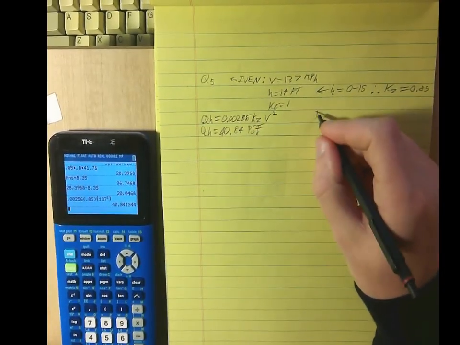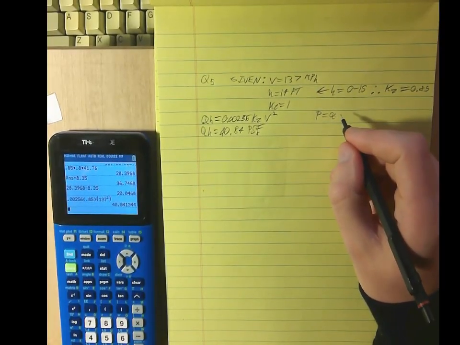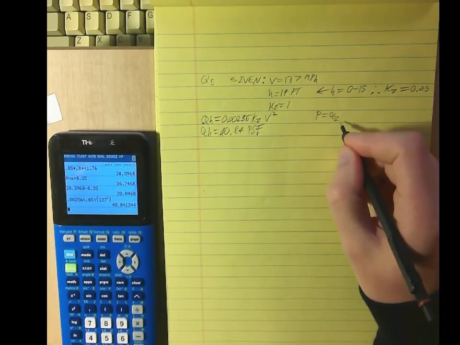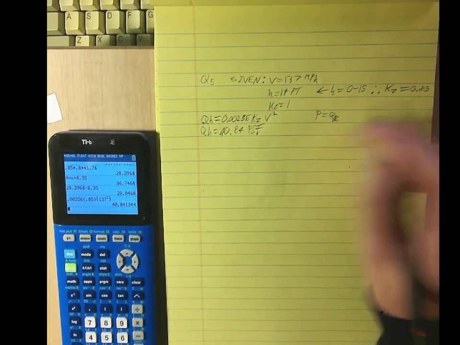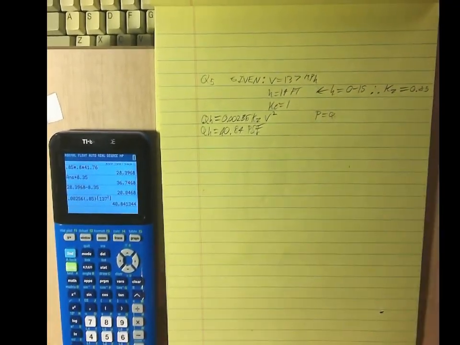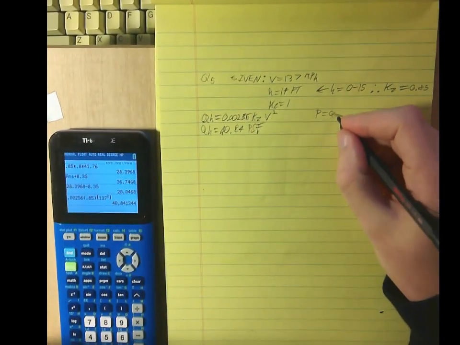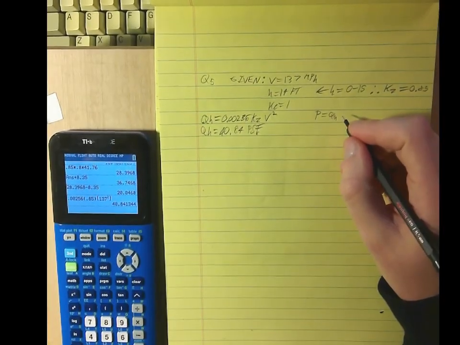And then our other equation here is going to be P equals Q. QZ or QH. This is going to change depending on if it's windward wall or not windward wall. And I believe that this should equal QH for all walls that are not windward.